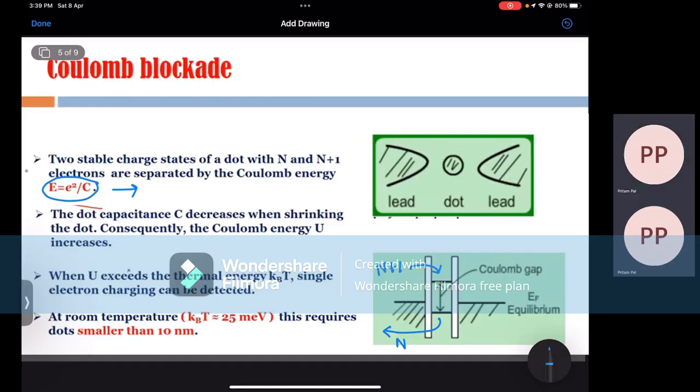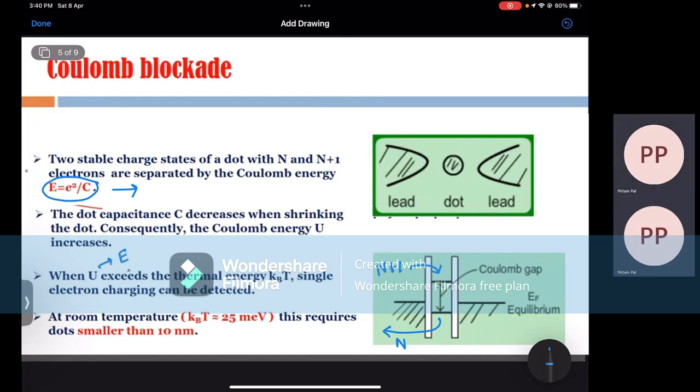Now the dot capacitance decreases. In shrinking the dot, when we reduce the size, the capacitance decreases, right? And since the capacitance decreases, this increases the forbidden gap. Consequently, the Coulomb energy gap increases, right? I already explained this concept to you. This energy, let's say, is U. Actually both are the same, it's E only.